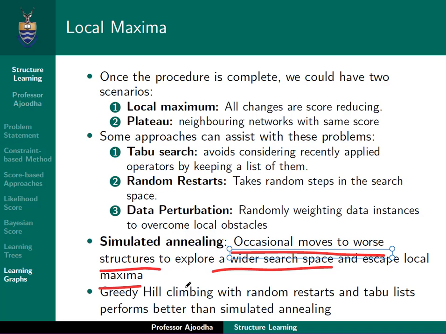And then we start optimizing the score again. And then we continually move to worse structures and then optimize. So it's kind of like random restart, but with the specific goal of going to worse structures. Random restarts was randomly moving. Here we intentionally go down, and then we go up, and we go down, and we go up.